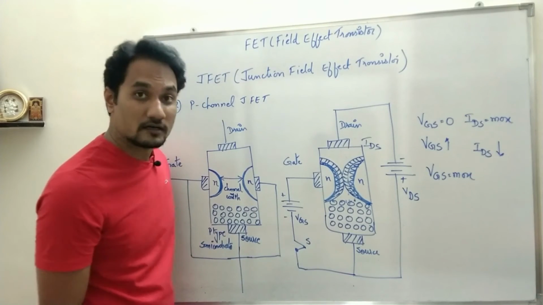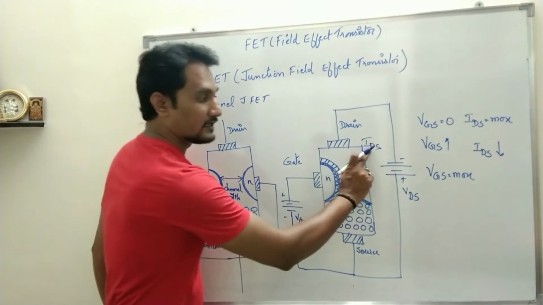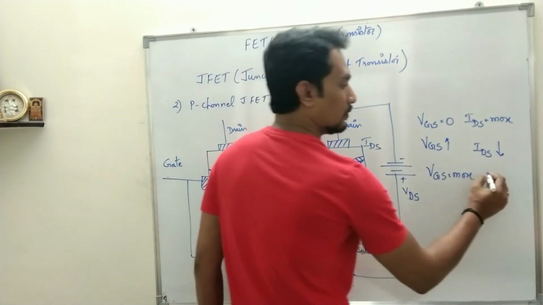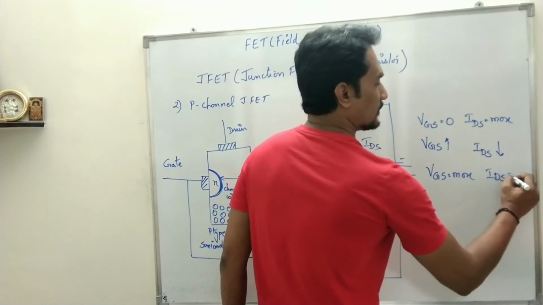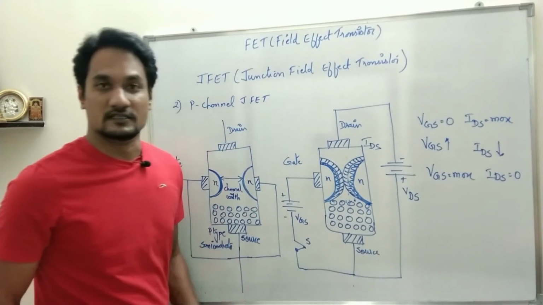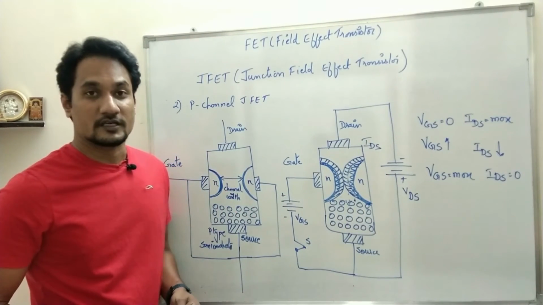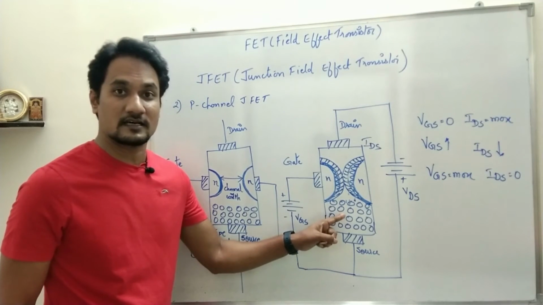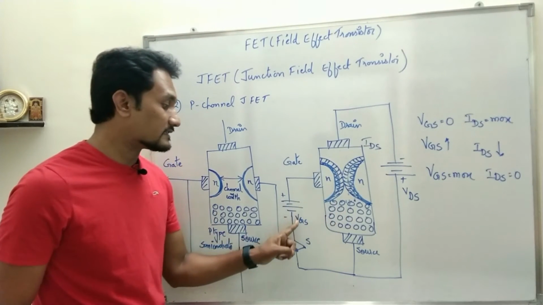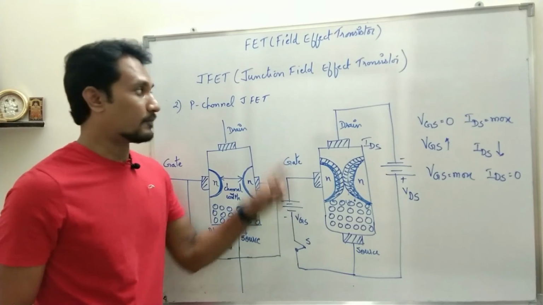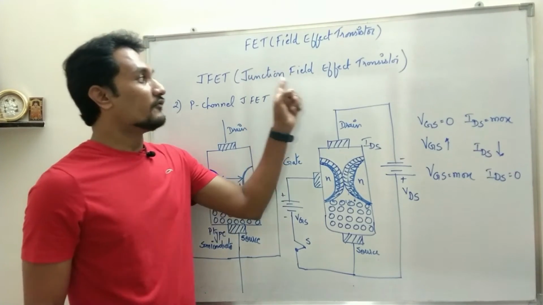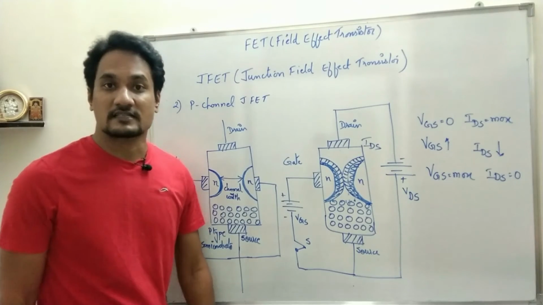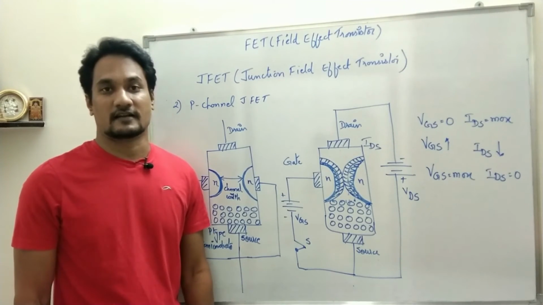Of course not. At this point no current is flowing from source to drain. That means IDS will be equal to 0. So the current flowing in the transistor is controlled by the external field which has been applied. Therefore it is called a field effect transistor, and this type specifically is called a junction field effect transistor.